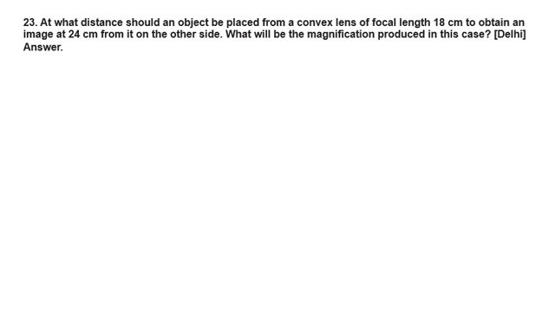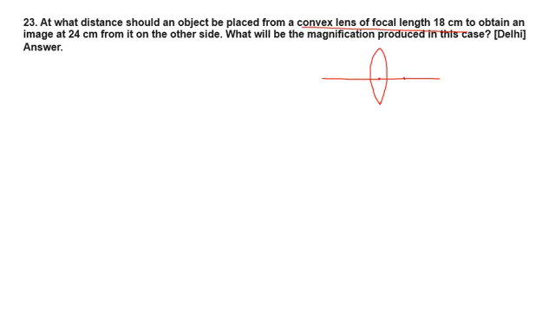It's a big question. At what distance should an object be placed from a convex lens of focal length 18 centimeter, right? So we should remember what a convex lens is and where the primary focus of a convex lens is. The primary focus of a convex lens is always on the right hand side over here.